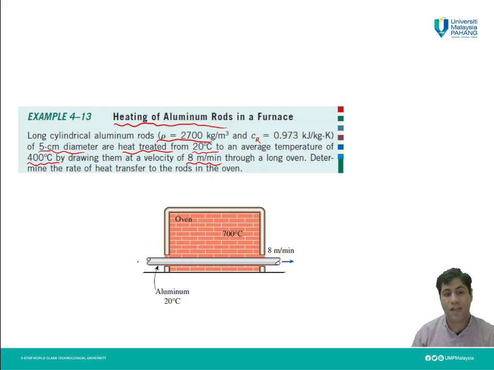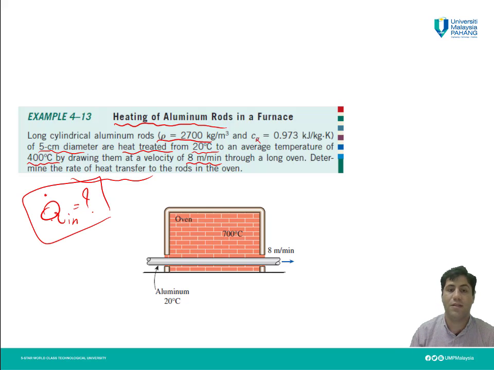So the movement of this rod inside the oven is 8 meter per minute. We need to determine the rate of heat transfer, or Q dot, to the rod. If we select the rod as our system, we can write Q dot into our system.